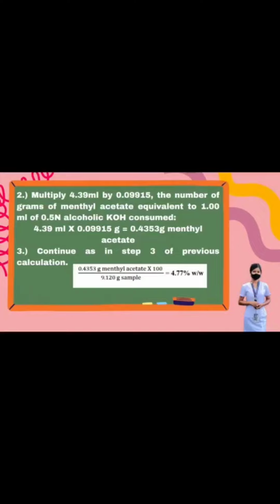So, you just do what was done in step 3, which is divide the weight of methyl acetate by the weight of the sample and multiply by 100 in order to obtain the percentage of total esters. So, we have come up with an answer of 4.77%. So, maybe you are wondering where the 0.09915 grams came from. Just go back to table 14.1 and you will see where it came from.